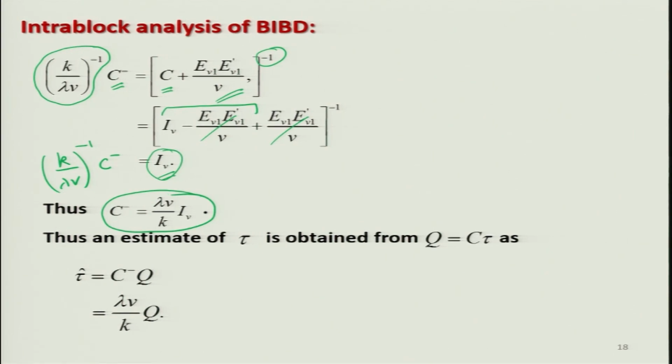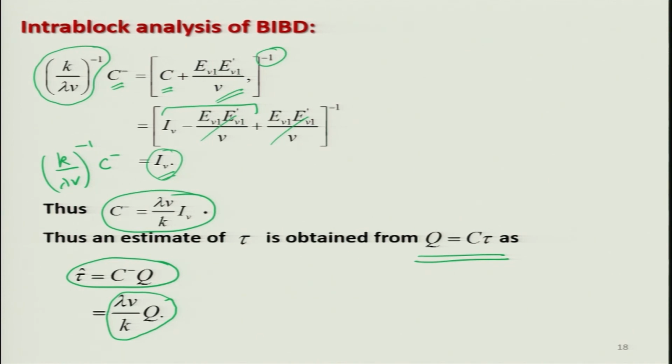An estimate of tau which can be obtained from the reduced normal equation Q equal to C tau in the case of BIBD is given by tau hat is equal to C generalized inverse into Q, and the generalized inverse of C has been obtained as lambda V upon K into the identity matrix of order V. So this becomes lambda V upon K into Q.